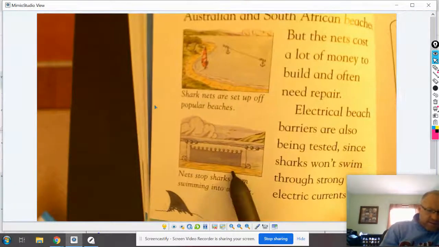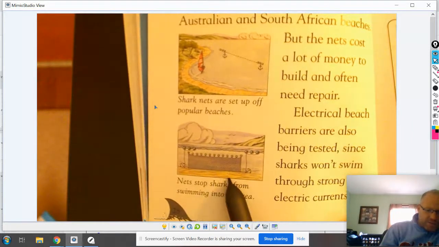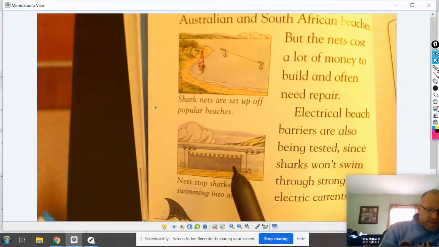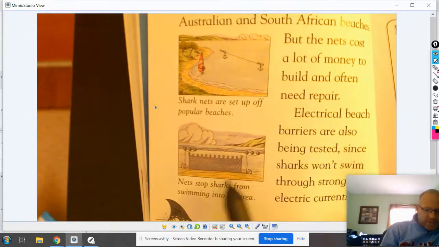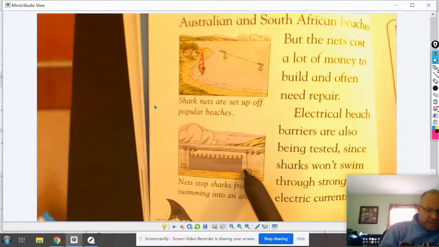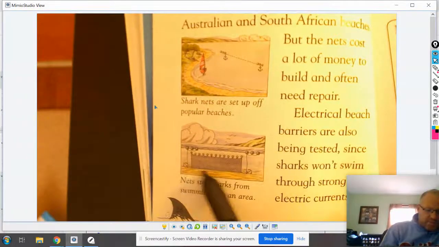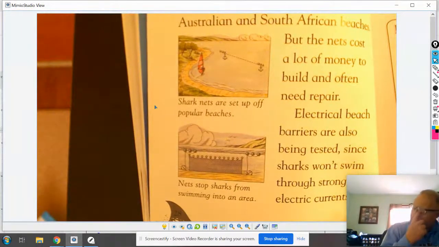The second thing that they were talking about is this shark net that is an electrical beach barrier. They're showing you both views, but you want to imagine that they used some type of metal for this, and they sent a small current of electricity through.